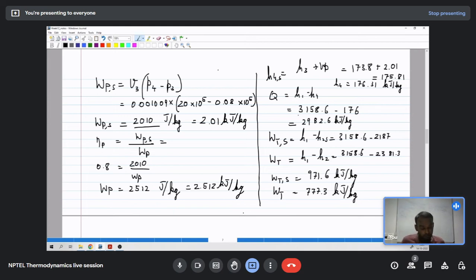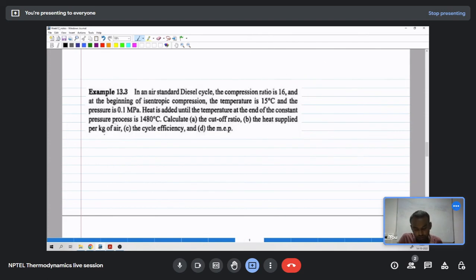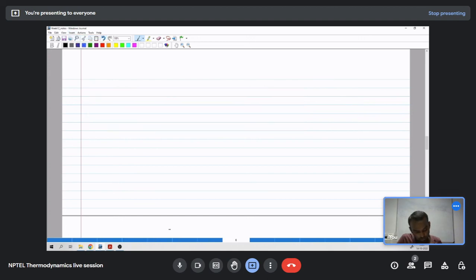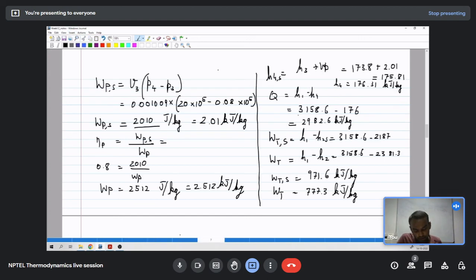So we have calculated the turbine work, and we have the heat added by the boiler. Now we can calculate the cycle efficiency.